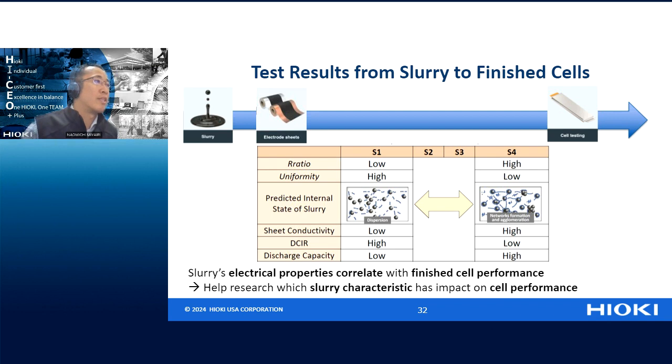So the slurry's electrical properties correlate with the finished cell performance, and this is just one example.